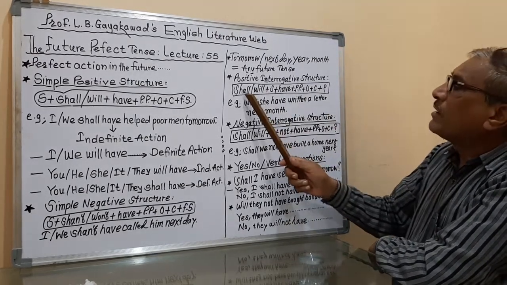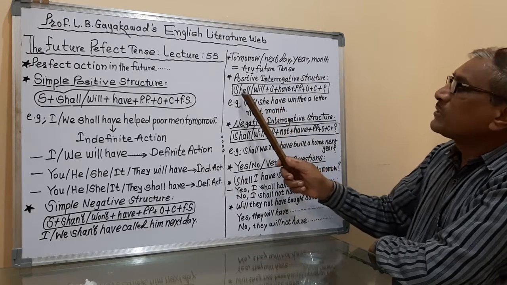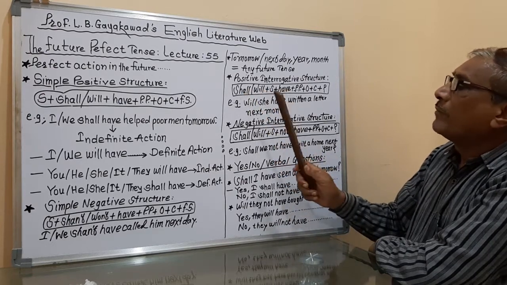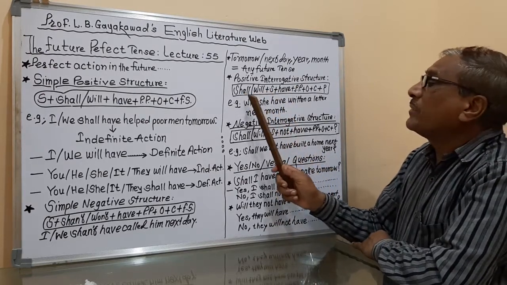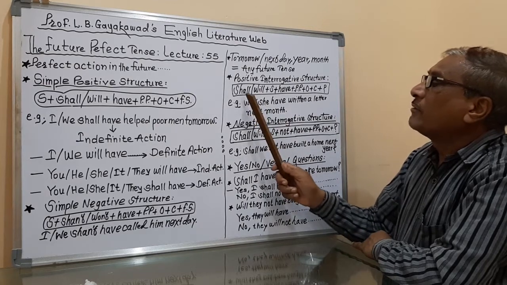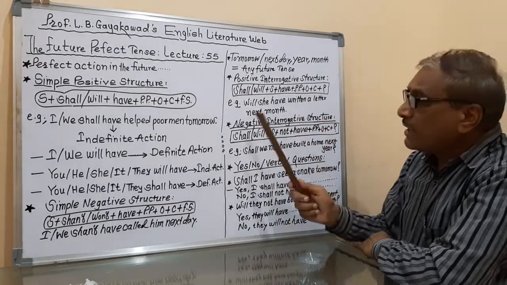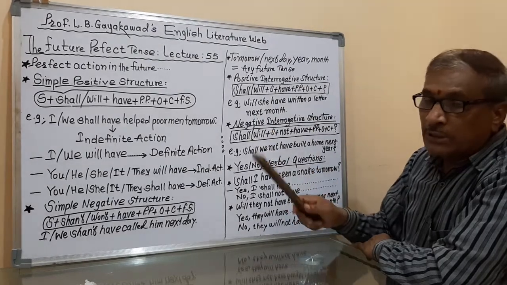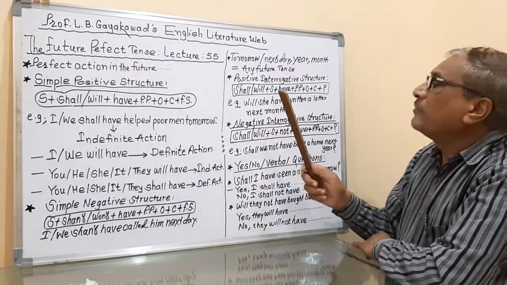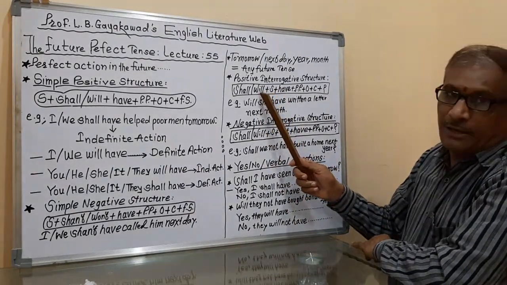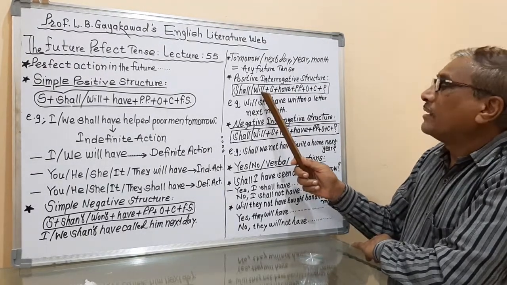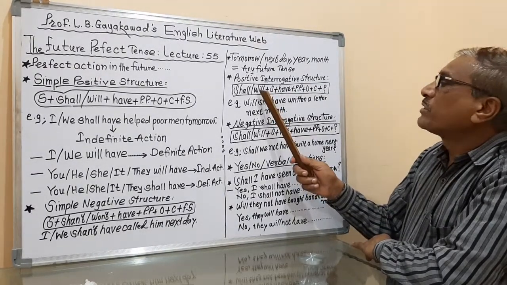So again I will read this structure. Shall or will: when the subjects are I and we, we will take shall, and when subjects are other than I or we, we will take will. Here will is the helping verb or auxiliary we will take.